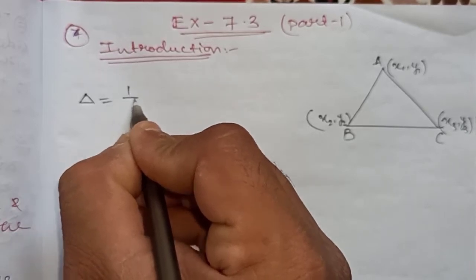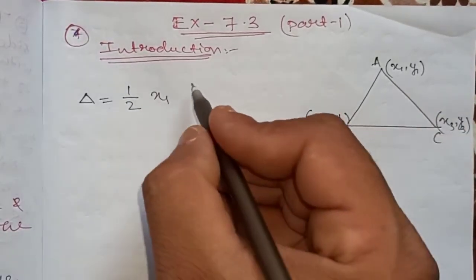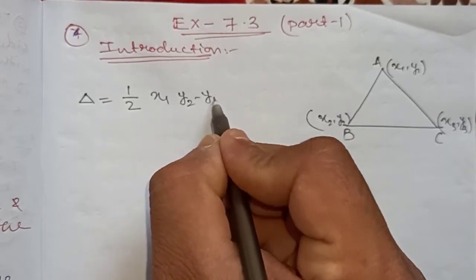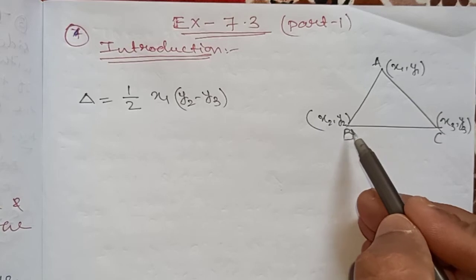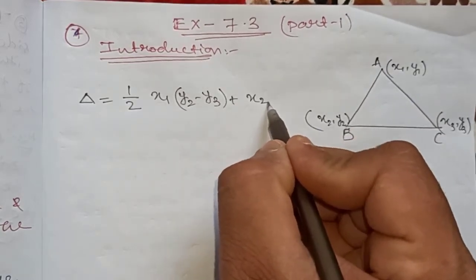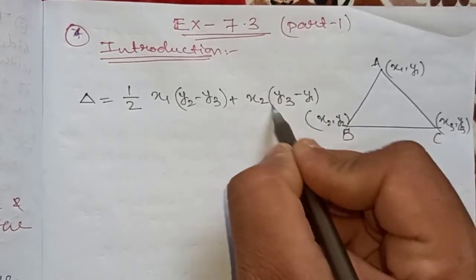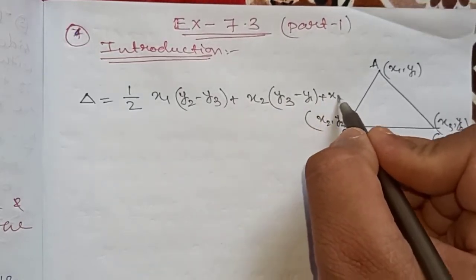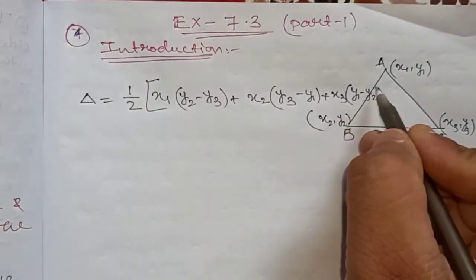Area is half into x1 into (y2 minus y3) plus x2 into (y3 minus y1) plus x3 into (y1 minus y2), whole bracket.